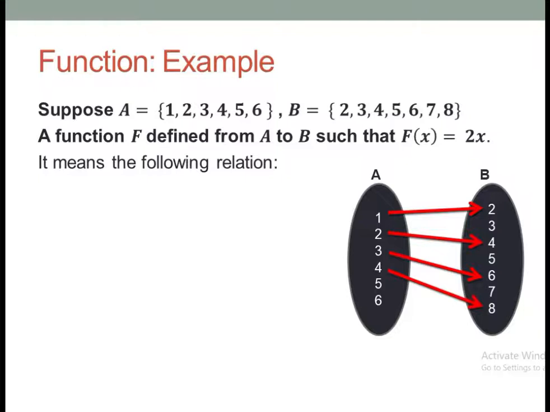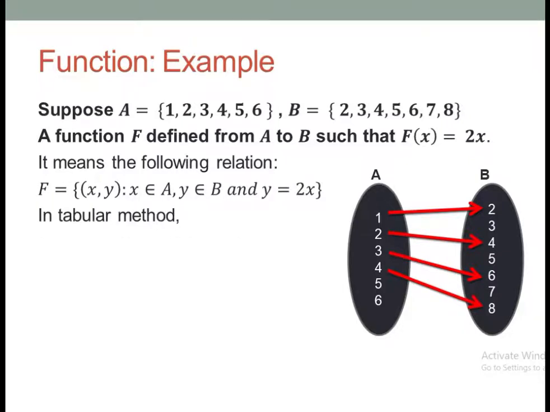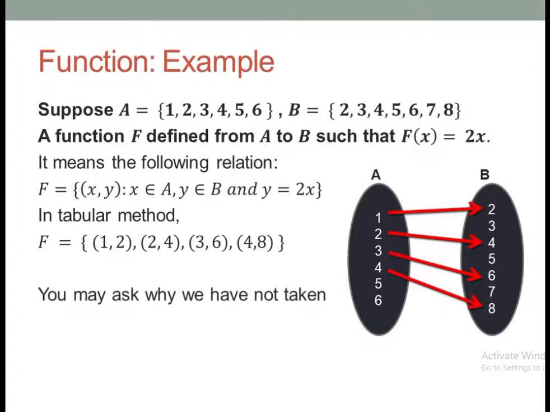The rule is f(x) = 2x. That means input gets doubled. f is equal to {(x, y) such that x belongs to A, y belongs to B, and y = 2x}. In tabular method we can write (1,2), (2,4), (3,6), (4,8).